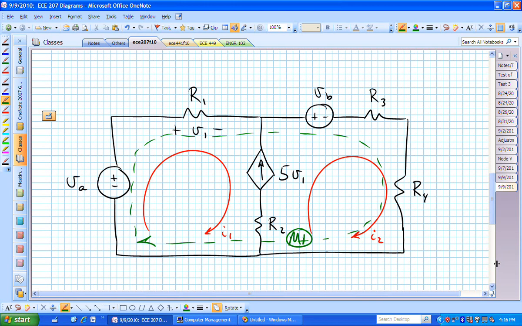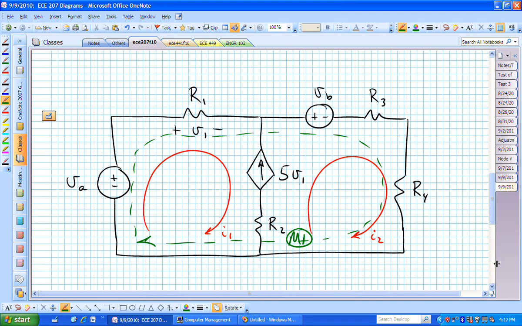No, then you still, oh, I see, and then use the smaller meshes. No, you still can't use the smaller meshes because you still wouldn't know what the voltage drop across that was. You would have that dependent source in terms of your I's, but you know it as a current source. You don't know the voltage drop across it.